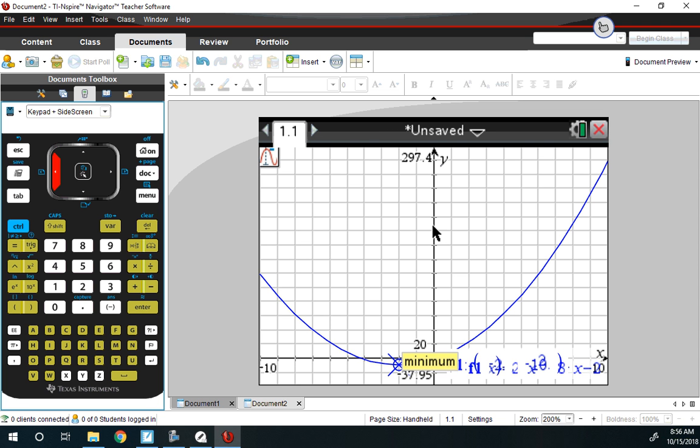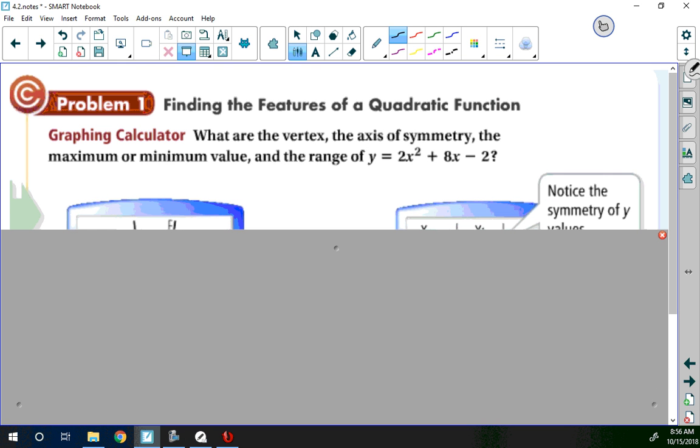-2, -10. So that is also our vertex, right? Because the vertex occurs with the min and the max. So the vertex is -2, -10. Does this function have, well, I just said minimum, so it has a minimum. What's our minimum value?